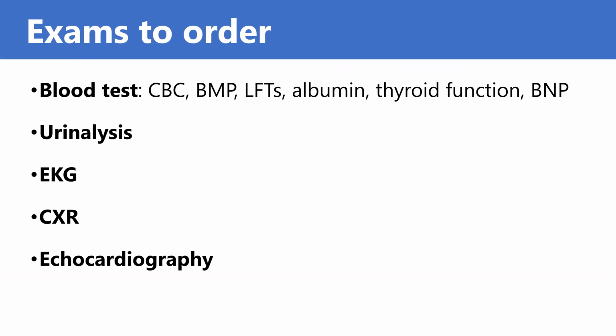But key exams to order for working up edema include blood tests such as CBC, basic metabolic panel, liver function tests, albumin, thyroid function, BNP, and urinalysis looking for proteinuria. Additional tests to consider depending on preceding findings include EKG, chest X-ray, and echocardiography.